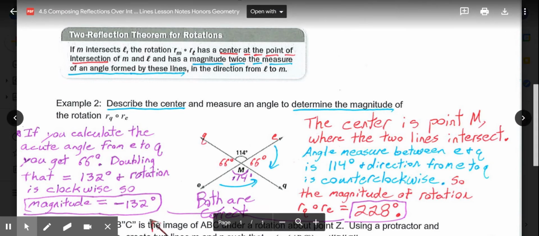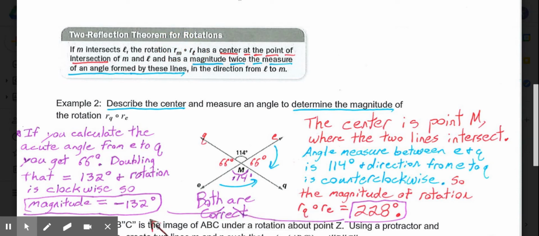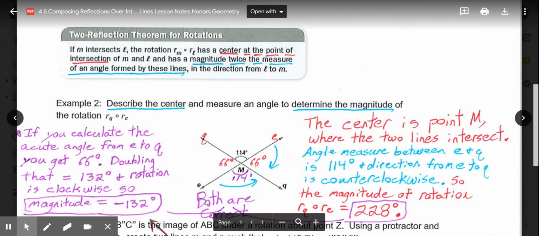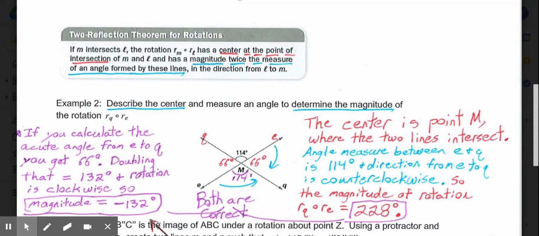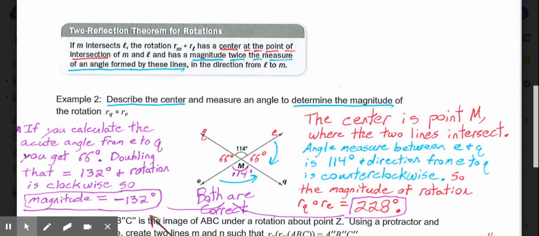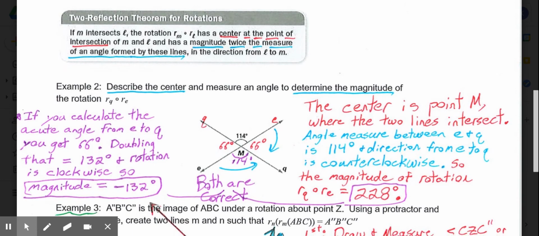Because the first reflection is over L, then reflecting over M. So the magnitude is twice that measure of an angle formed by lines L and M, and then the direction would be from line L to M. So we're going to look at an example using that theorem.